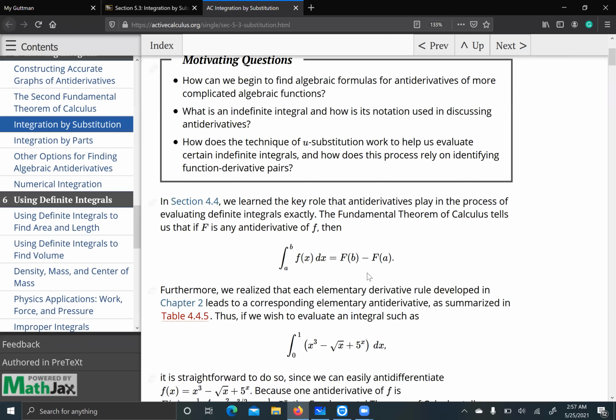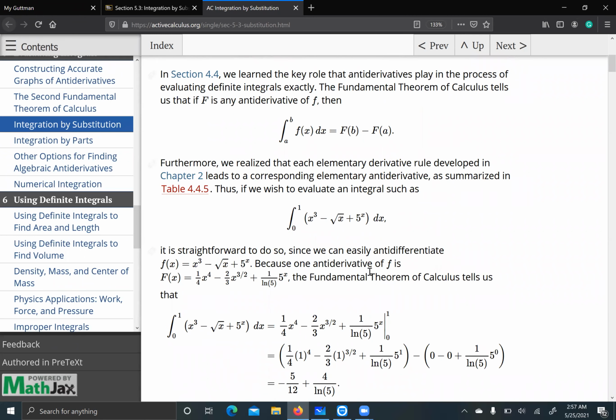And we start with basic functions because we learned about derivative rules, and if you just reverse them, they give you the rules to compute elementary antiderivatives.